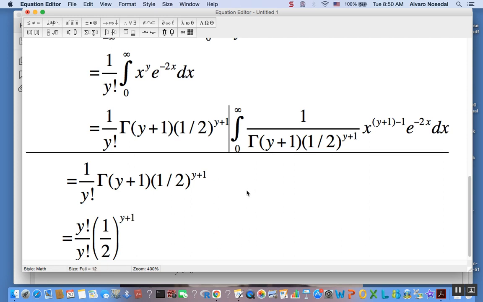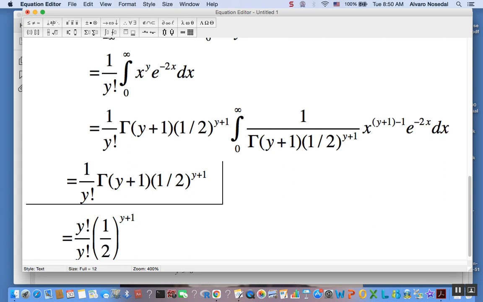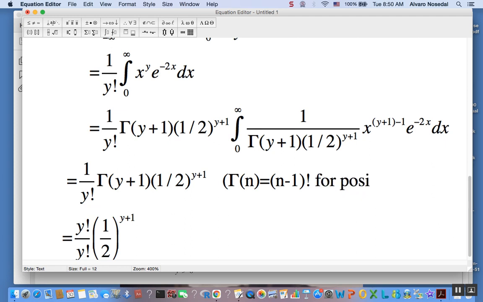And here, just let me remind you, let me write it down like this. Gamma at n equals n minus 1 factorial, for a positive integer.